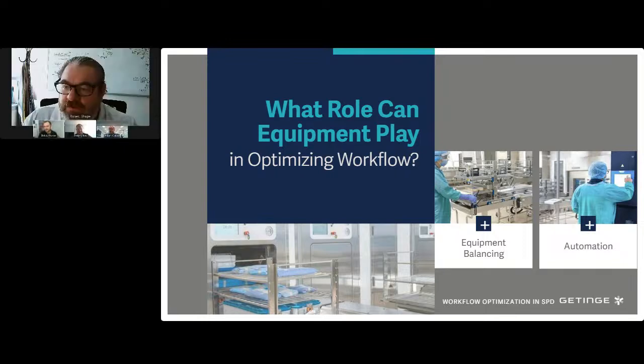For quite a bit, a lot of facilities were looking for big batch equipment, so equipment that could hold 40, 50 trays at a time. And I'm not just talking about sterilizers, I'm talking about washers and other types of equipment too. Yeah, this is America, give us the big equipment.